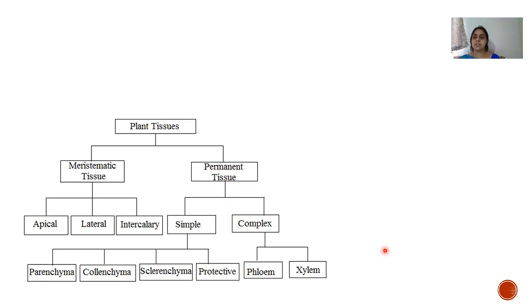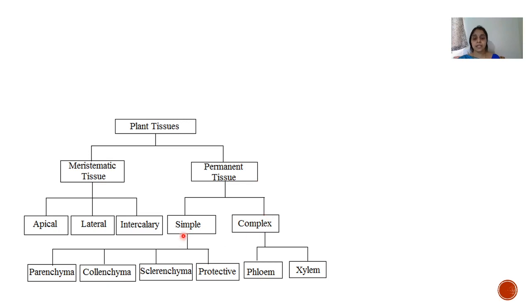You can have a look at this flow chart. Plant tissue is divided into meristematic and permanent. In meristematic, based on the location, we have apical, lateral, and intercalary. Whereas in permanent, we have simple and complex.